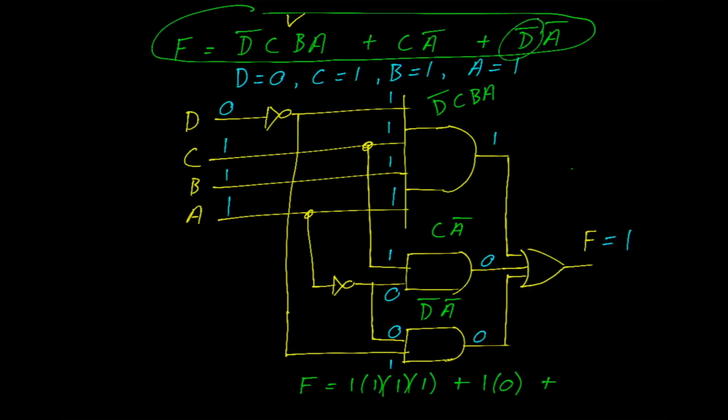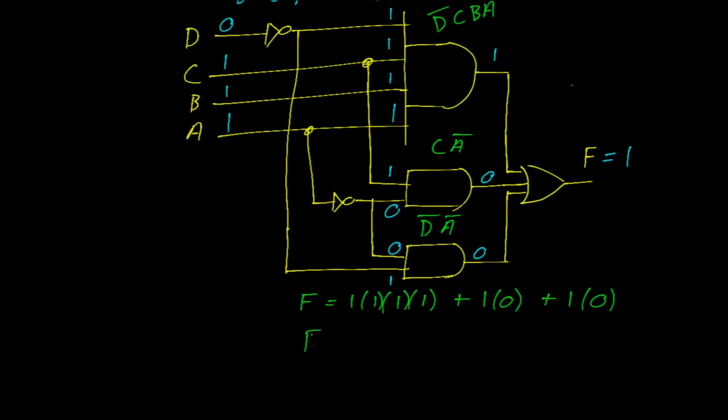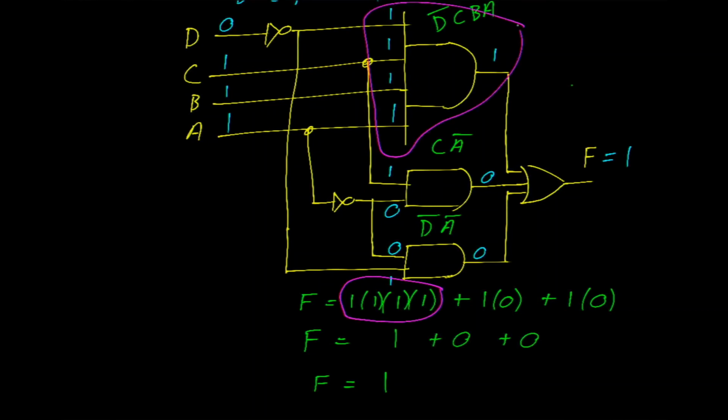So we're at D right now. So D naught is 1, and then we have A naught, which is 0. F is equal to 1 or 0 or 0, so F is equal to 1. You can see those results, such as this one right here, are identical to what we did in the gate level representations.